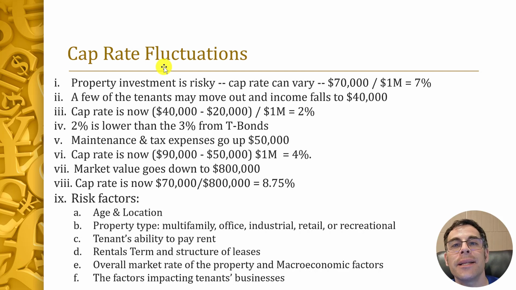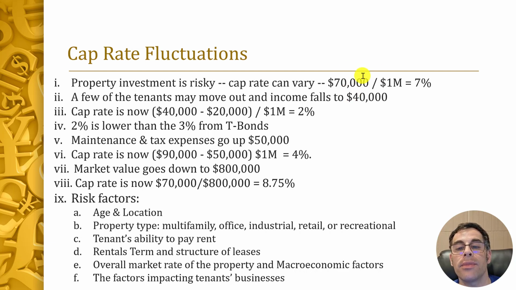I'll show you how easily the cap rate can fluctuate. Remember in the previous slide, the cap rate was $70,000, that's an NOI, over the current value of the property, $1 million. $70,000 over $1 million is 7%. But what if a few tenants move out of the property? And now your income goes from $90,000 to $40,000, because previously I said 9 out of the 10 tenants are paying, and they pay $10,000 for the entire year.